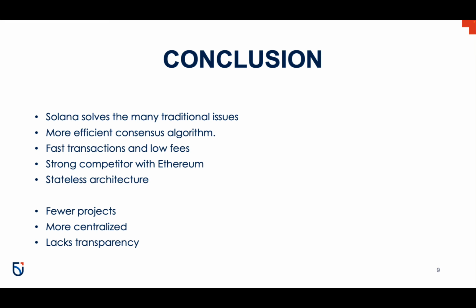Also, the stateless architecture helps with memory and even some of the environmental factors, because the processing does not take the same amount of power as Ethereum. However, on the downside, it has fewer projects at this time. It is more centralized. There are 30 people controlling 35% of Solana's network, and it also lacks transparency.